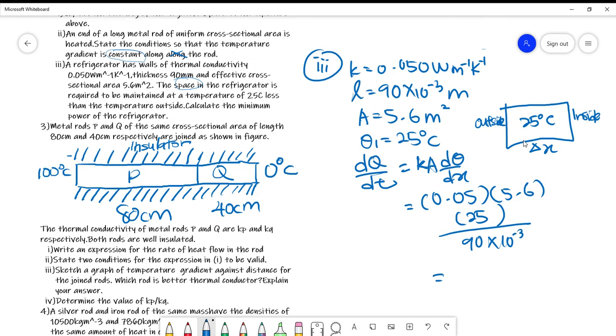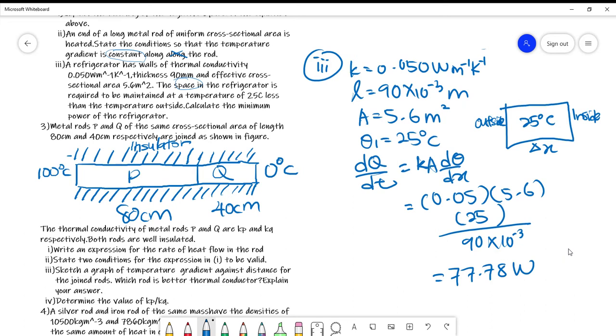So 0.05 times 5.6 times 25 divided by 90 times 10 to the power negative 3 gives 77.78 watts. Okay, so this is part 3 of question number 2.